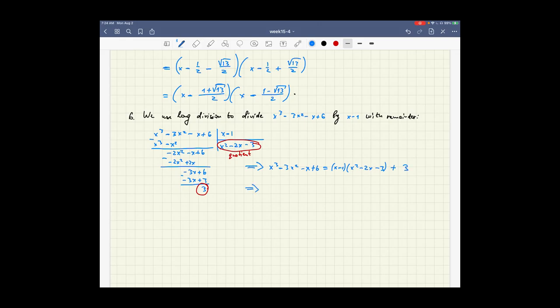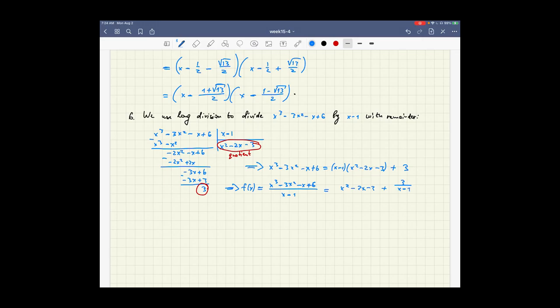And therefore, our function f, which is the dividend x cubed minus 3x squared minus x plus 6 over divisor x minus 1, equals x squared minus 2x minus 3 plus 3 over x minus 1.